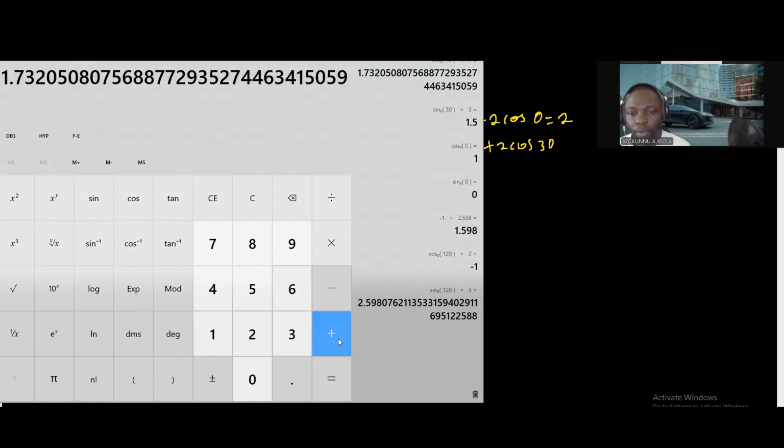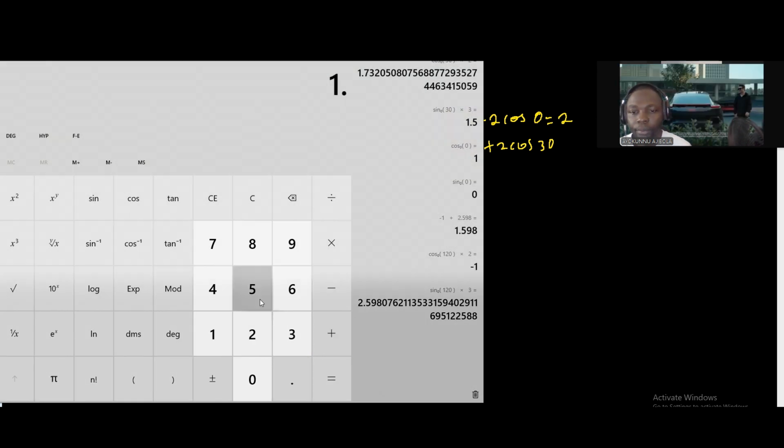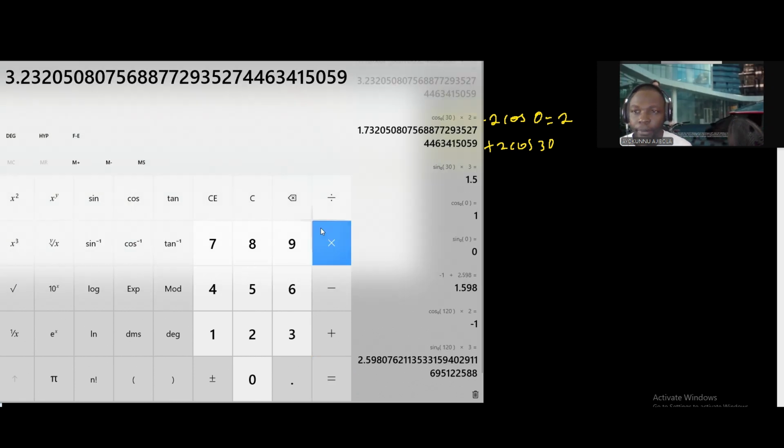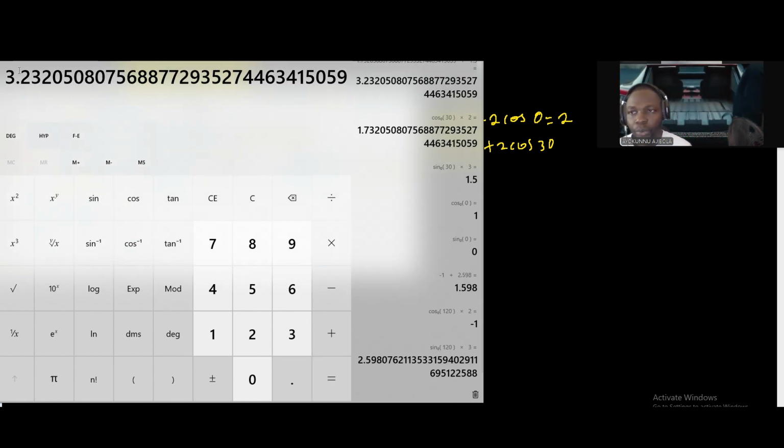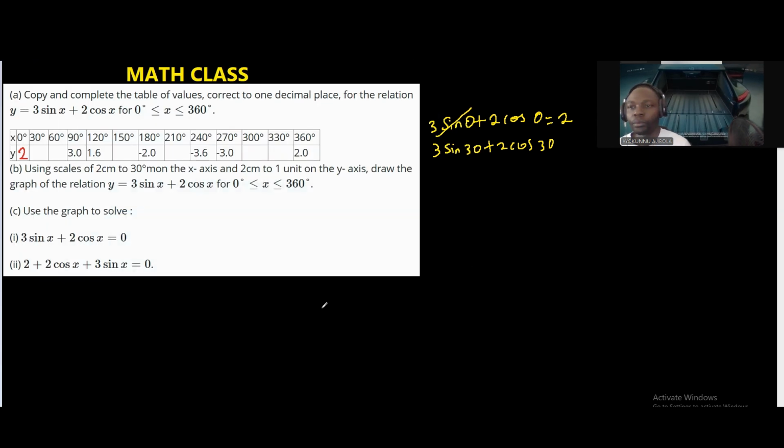Then we add the 1.5. So this gives us 3.2. It says one decimal place, okay? Yes, sir. So we got 3.2 there. Then the next one is 60.